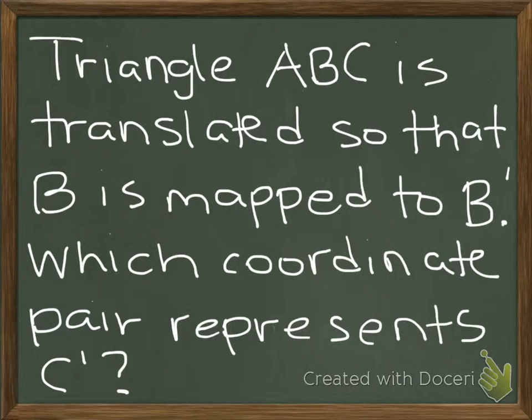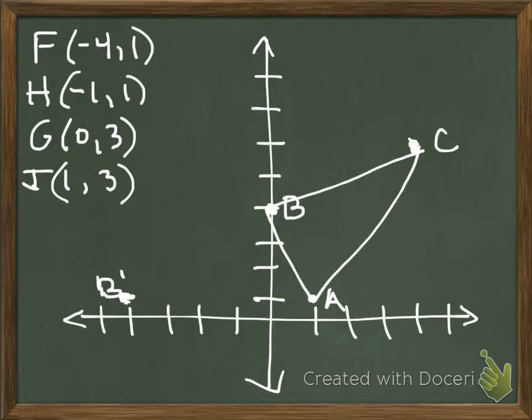The capital B right here is the original B. So we're trying to figure out which coordinate pair goes with the translated letter C down here. So here's the example. You see the image is mapped right here, and then you have the image B here with the little dash. That means it's the new B.